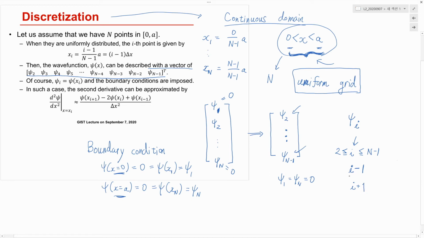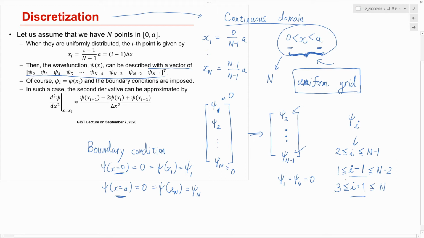Even when we calculate i minus 1 or i plus 1, it is larger than or equal to 1 and smaller than or equal to n minus 2 for one, and larger than or equal to 3 and smaller than or equal to n for the other.